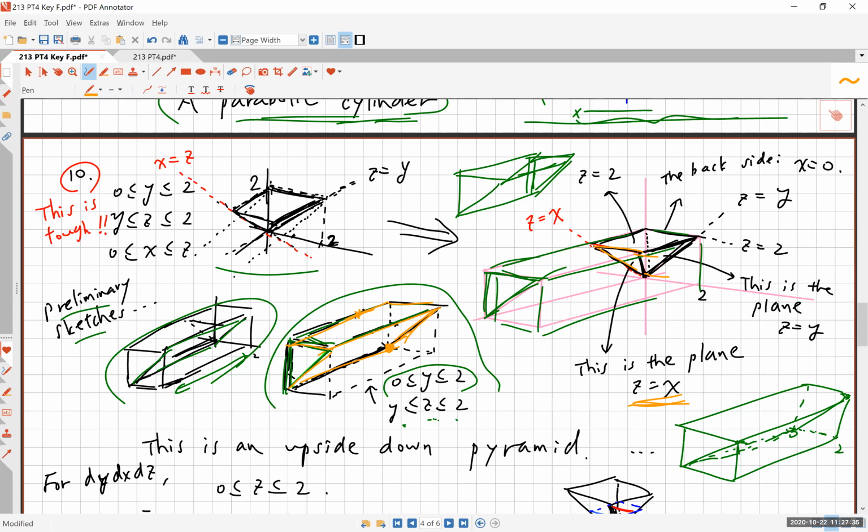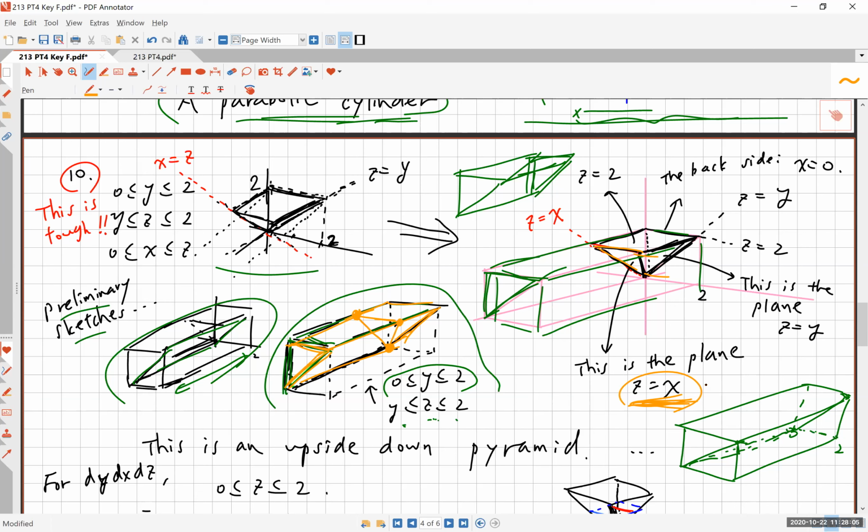Of course, this plane will cut this solid through and make this slice. If this plane cuts this prism at this point and this point and this point, it's going to have a triangular side. That's going to be the intersection of this prism and this plane.